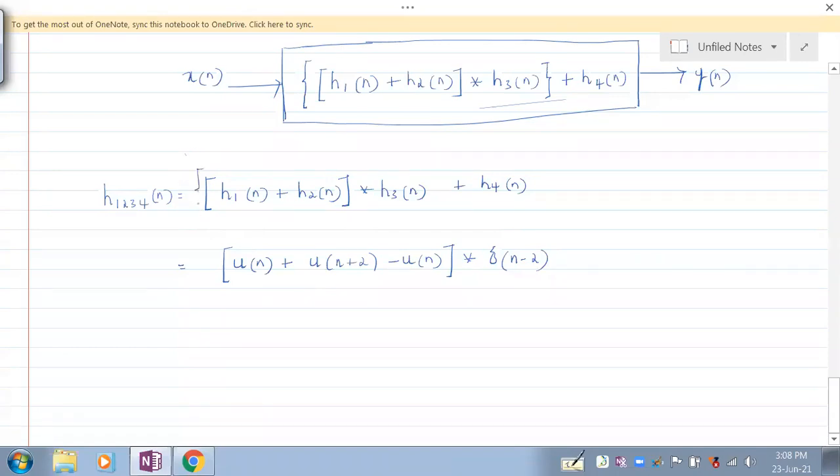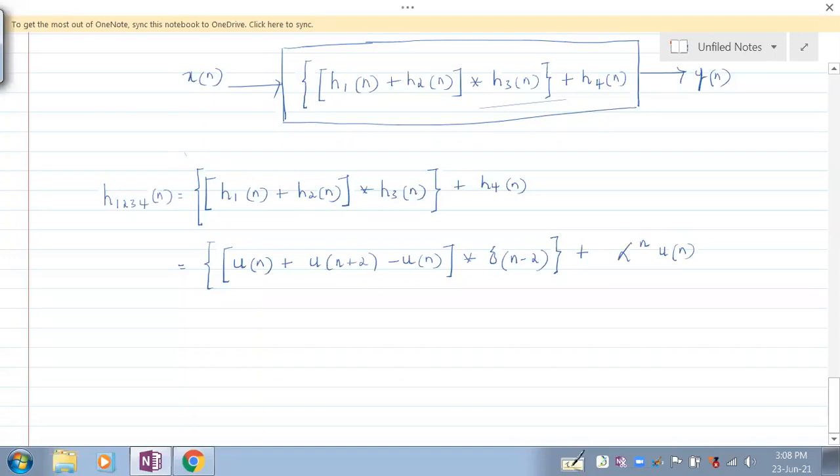So this is one part of it. Fine. This is being added with h4 of n, that is alpha power n u of n. So this is how it looks.